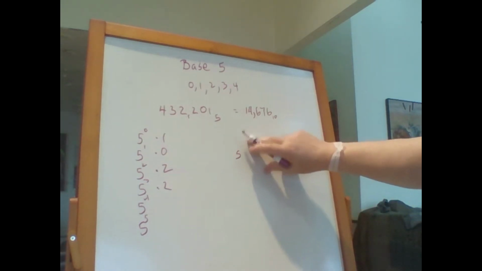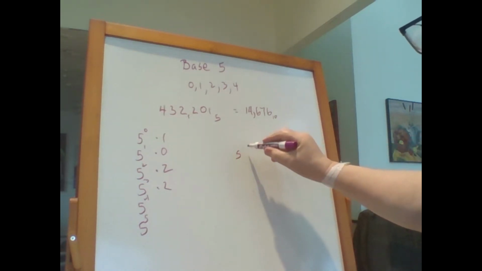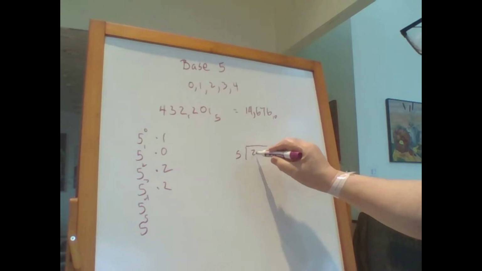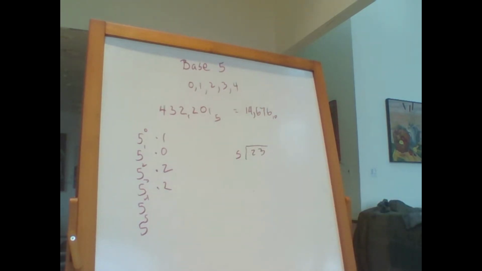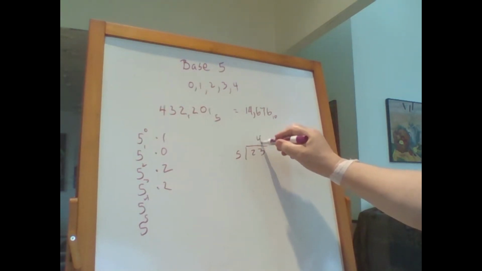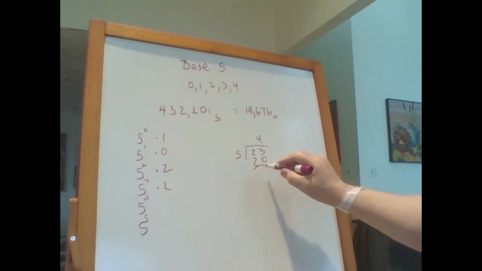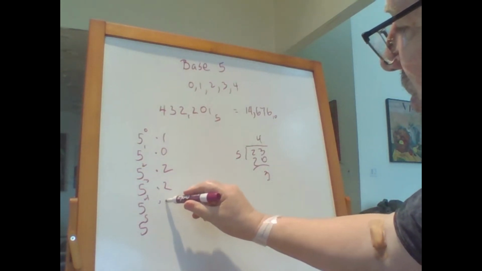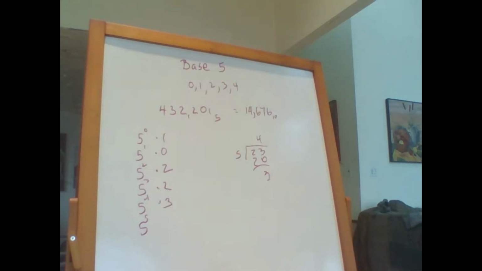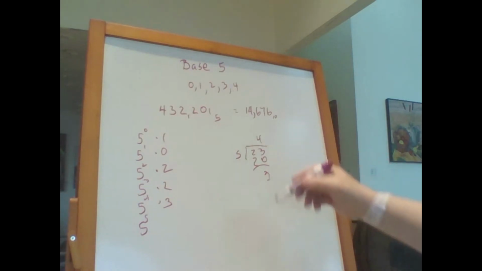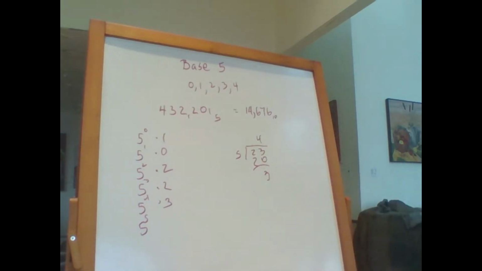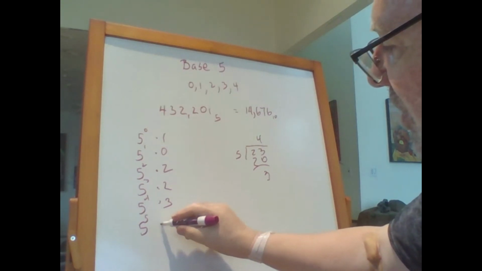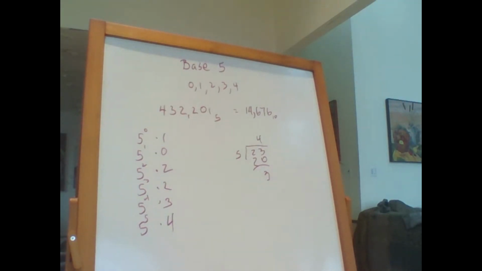Okay. 5 into 23. This is 4 with a remainder of 3. So that remainder multiplies 5 to the 4. And we have 4 left over. That can't be divided anymore by 5, so we have 4 right there.